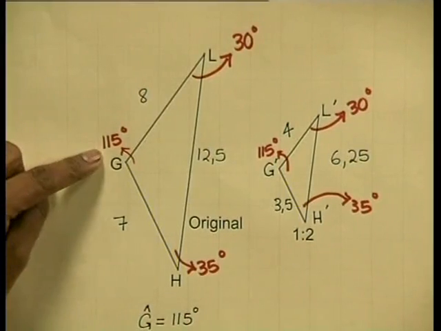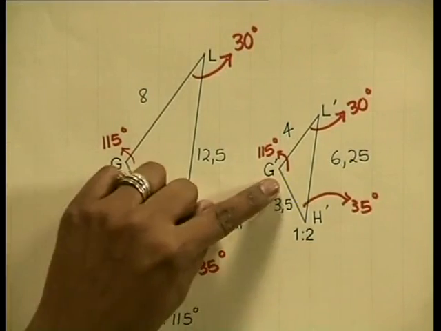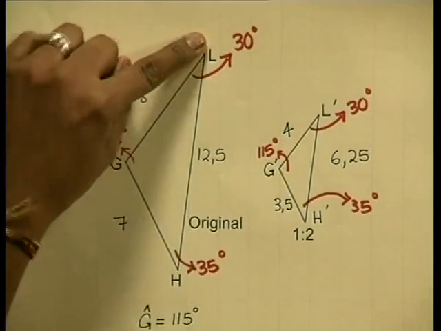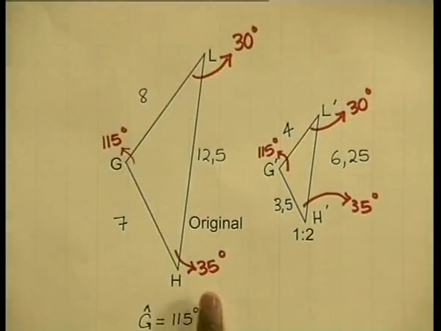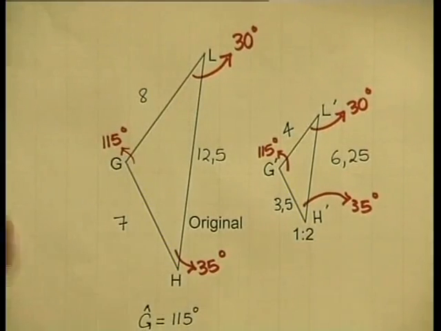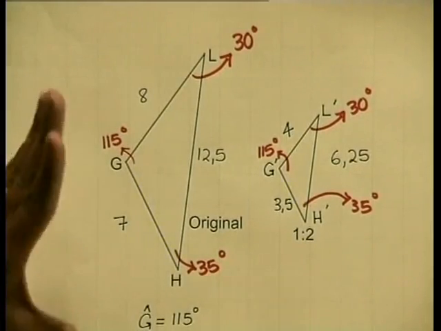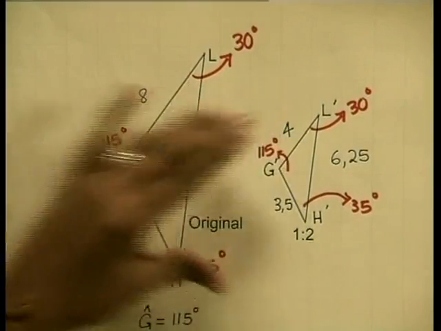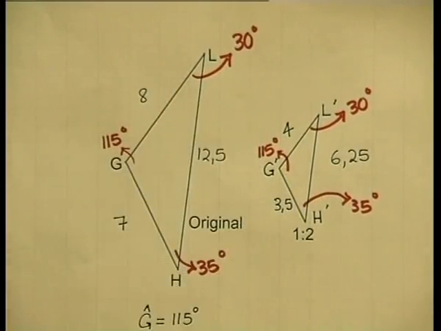If we look at the angles on the other hand, the angles are the same. 30 degrees, 30 degrees, 35 and 35. So we see that our two shapes that are in proportion have the same angles, but the lengths are halved.